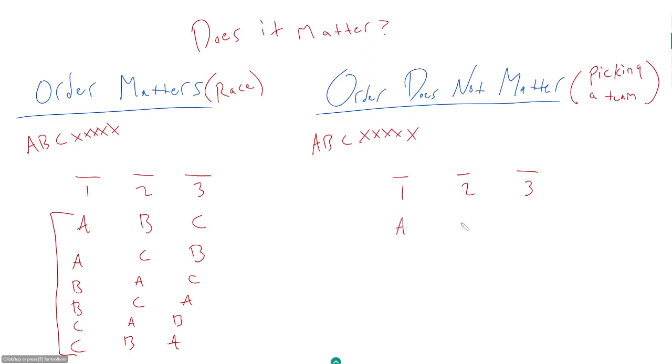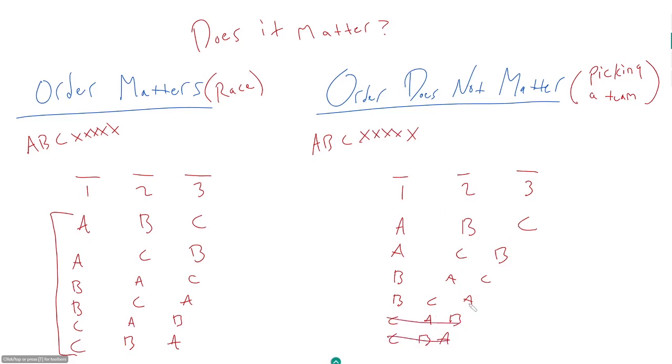Well, in this case, ABC would still be one example of the 3 people I can choose on my committee. But if I'm choosing a team where order does not matter, ACB is the same team as ABC, which is the same team as BAC, which is the same as BCA, and the same goes for CAB or CBA. And so I would not want to count all of these committees because they are all the same committee.